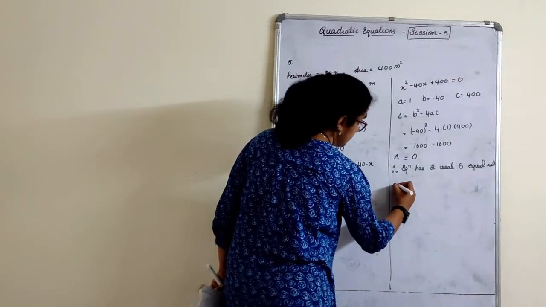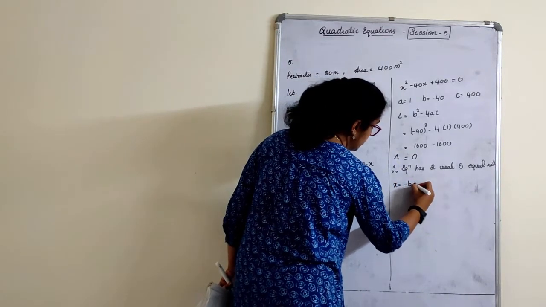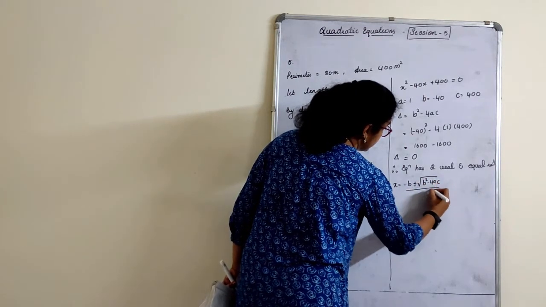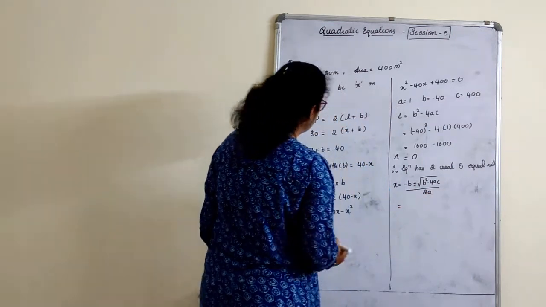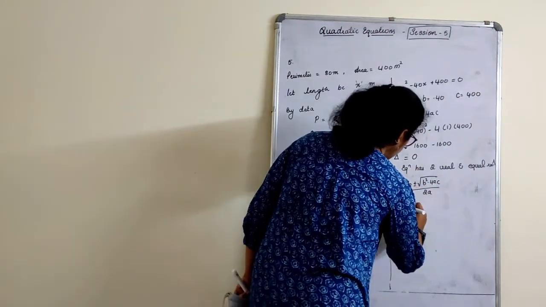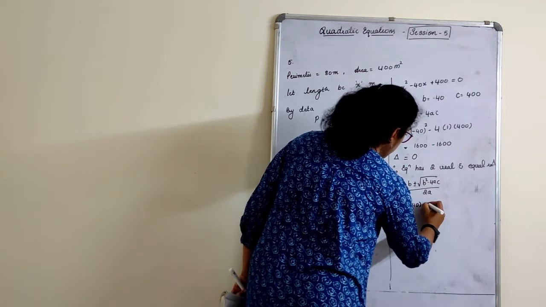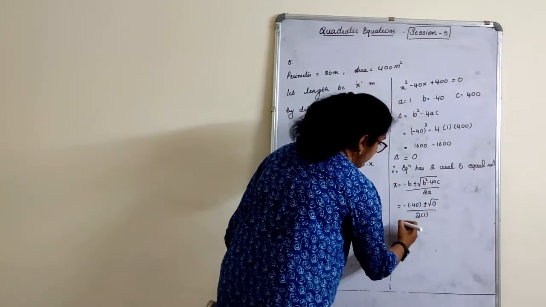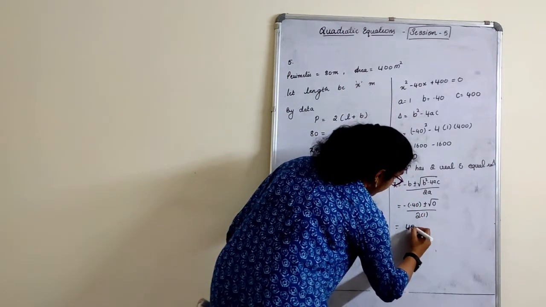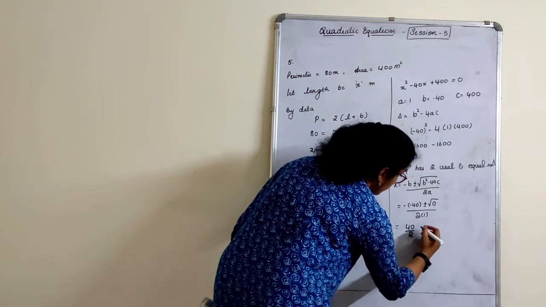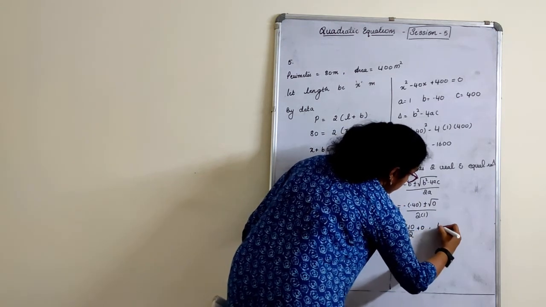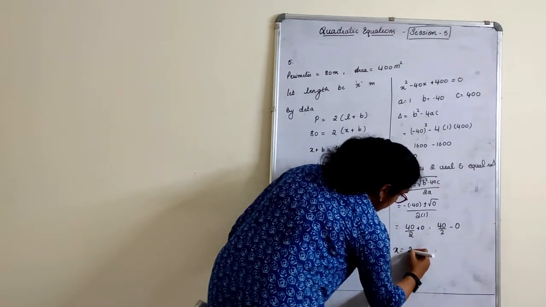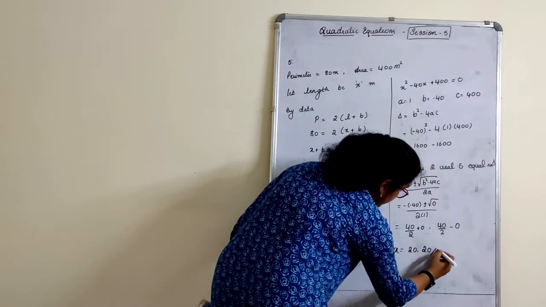Finally, x is equal to minus b plus or minus root b square minus 4ac upon 2a. What is your b? Minus of minus 40 plus or minus root 0 upon 2 into 1. Minus minus 40 upon 2 plus 0, 40 upon 2 minus 0. So x is equal to 20 and 20.